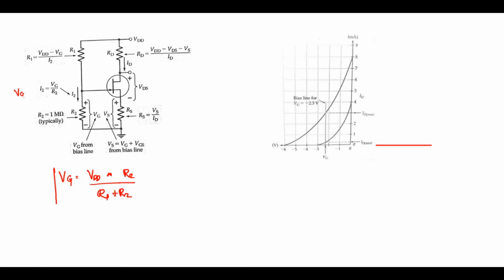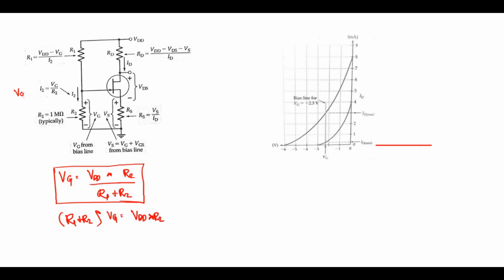Now I am taking this equation into consideration in order to find R1. We already know the value of R2. When you rewrite this equation, obviously this is going to be R1 plus R2 into Vg is equal to Vdd into R2.